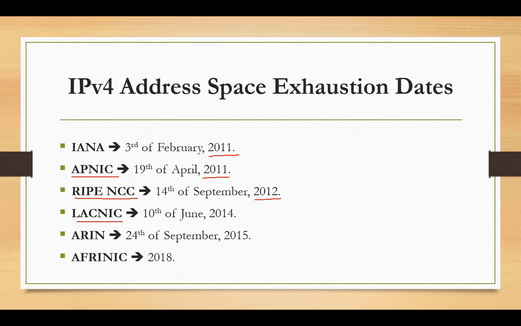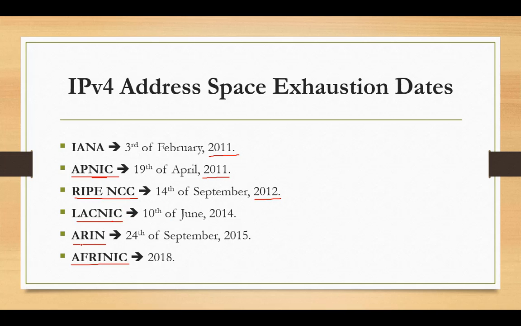By the way, all those are regional internet registries. For example, AFRINIC for Africa, ARIN for North America, RIPE NCC for Europe, LACNIC for South America, and APNIC for Asia.